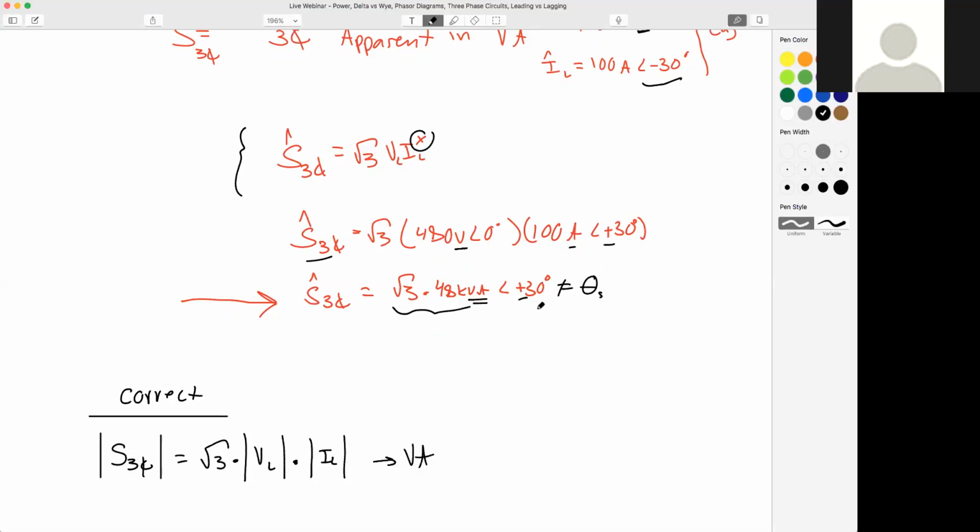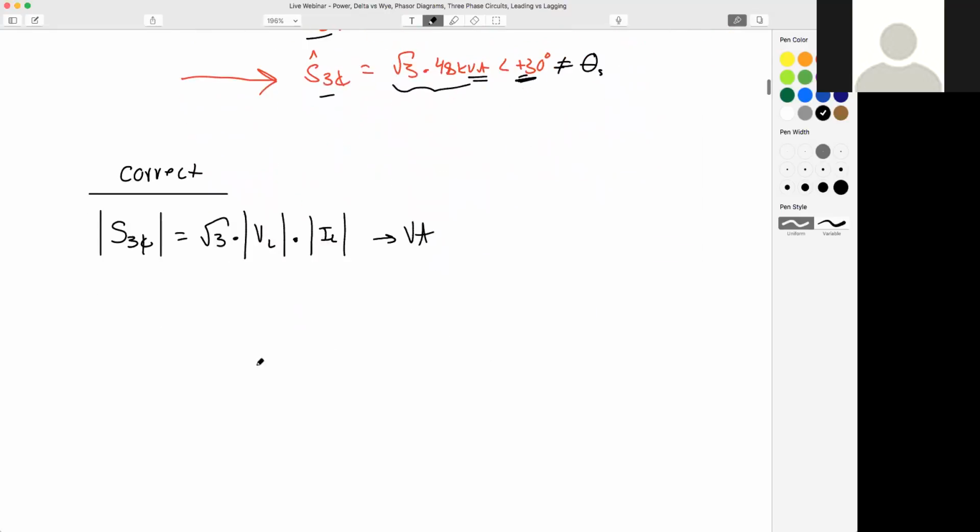However, like a few of you said, our angle's wrong, right? Plus 30 does not equal theta S. So whether we're dealing with three-phase or single phase, our theta is the same. So our theta, I'm just going to draw, theta is the same theta that we use for theta three-phase, and that's the same theta that we use for single phase.